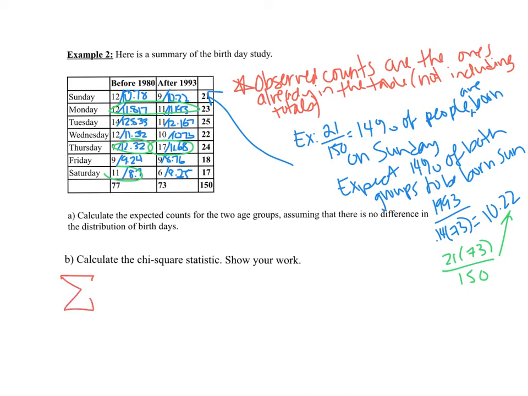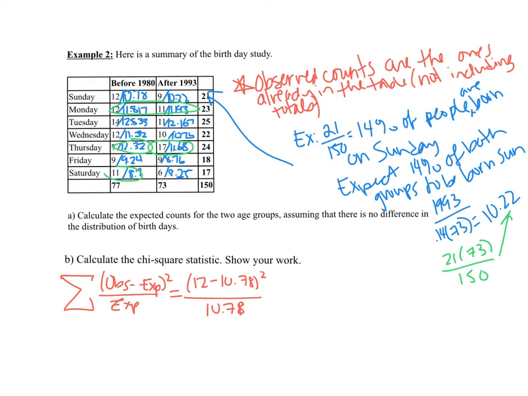It's the sum of your observed minus your expected squared all over the expected. For example, for the first one I have, the observed was 12, the expected was 10.78. Then we do all that over 10.78.